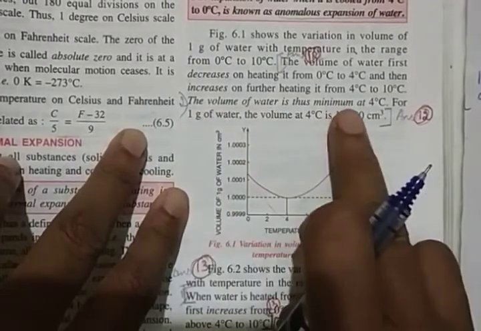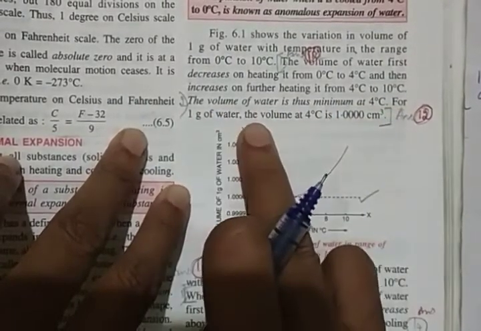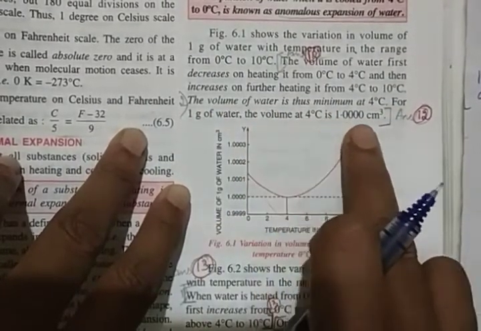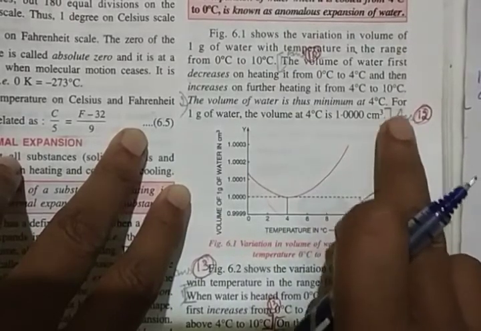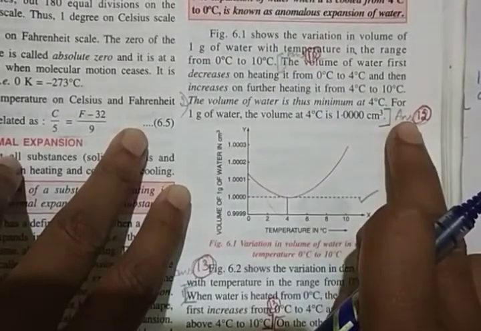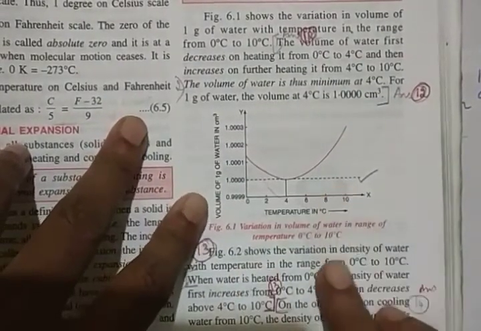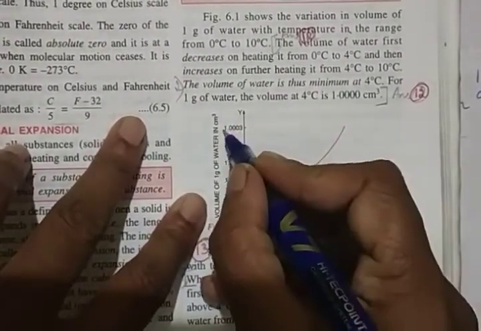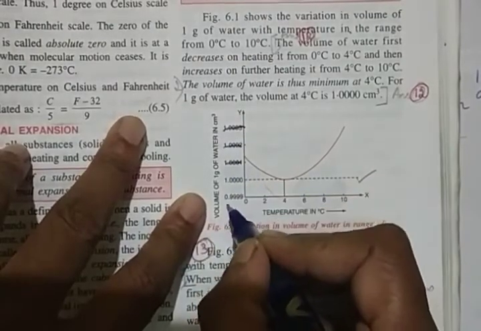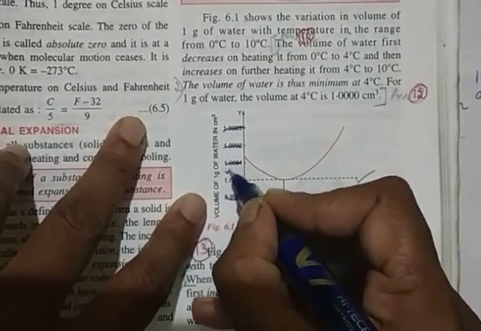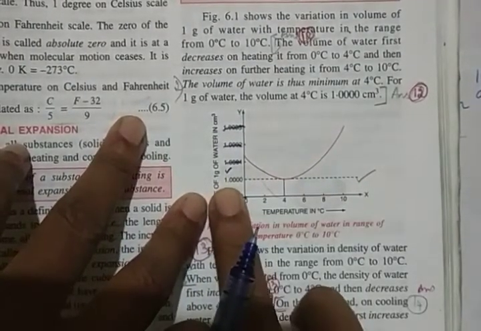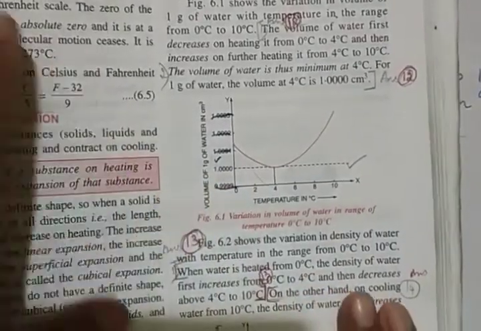The volume of water is thus minimum at 4. For 1 gram of water, volume at 4 is 1 centimeter cubed. So till this will be your answer 12. And then the diagram, okay, the same, you need not show these values. It's enough if you just show this 1 alone, 1.000, or just write 1.